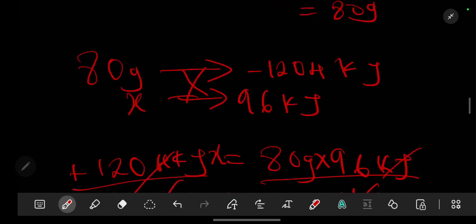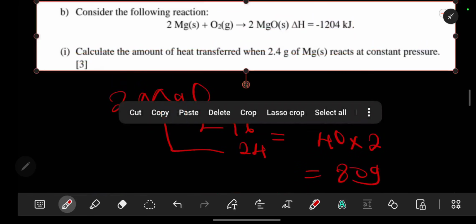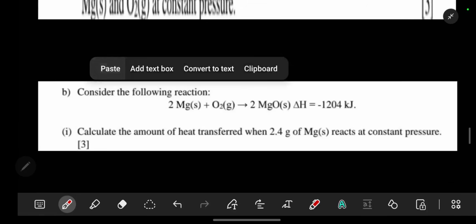So we have: how many kilojoules of heat are absorbed when 7.5 grams of magnesium oxide are decomposed into magnesium and oxygen at a constant pressure. So this is still dealing with the same equation. Allow me to just lift this, and we are going to have this balanced chemical equation.